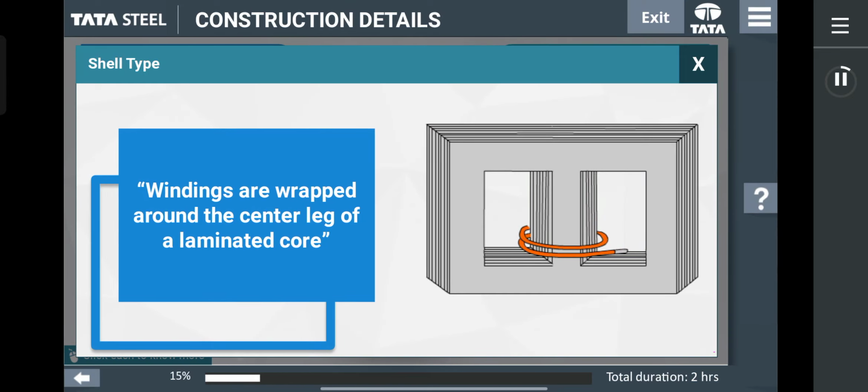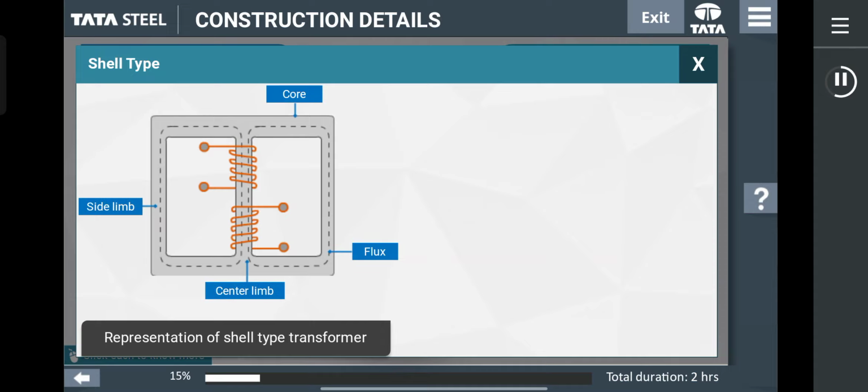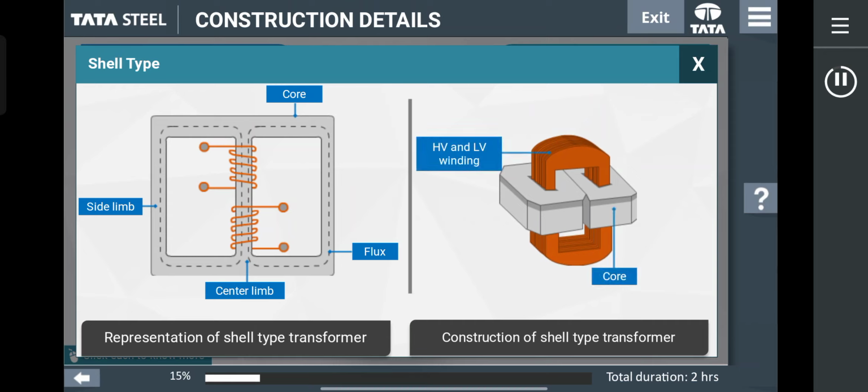In shell type transformer, windings are wrapped around the center leg of a laminated core. Here, the representation of shell type transformer is given. Here, the construction of shell type transformer is shown.